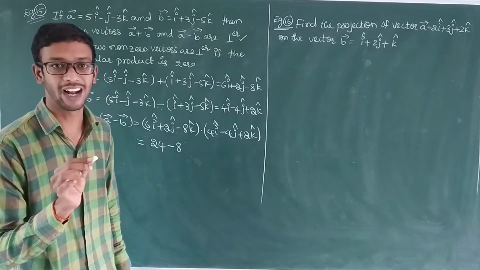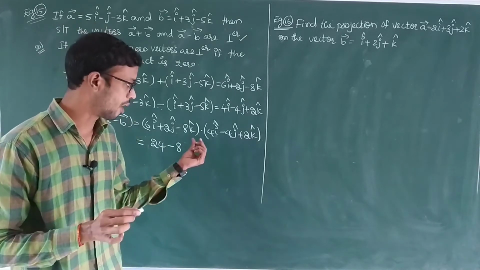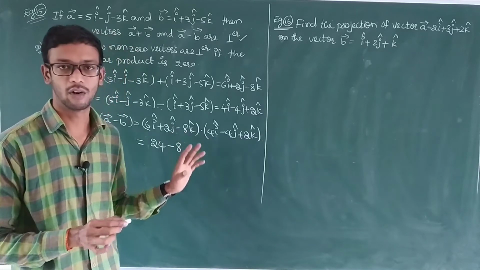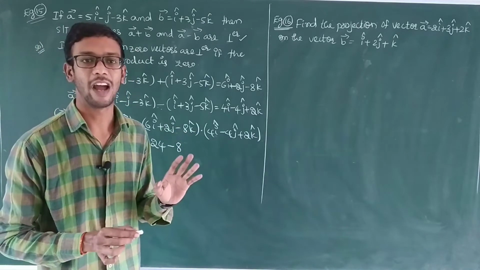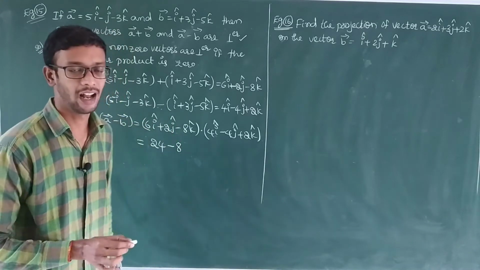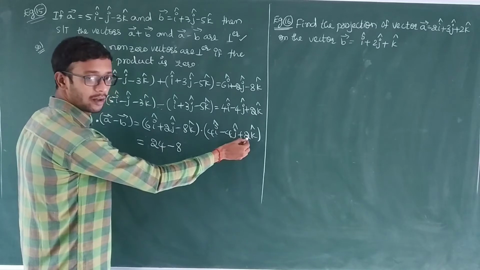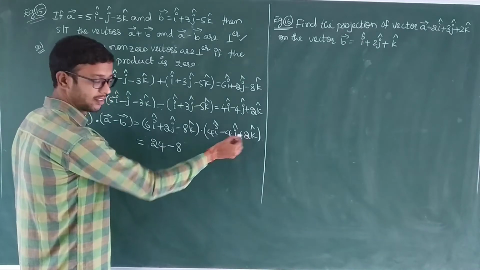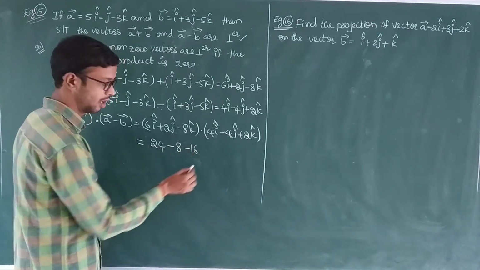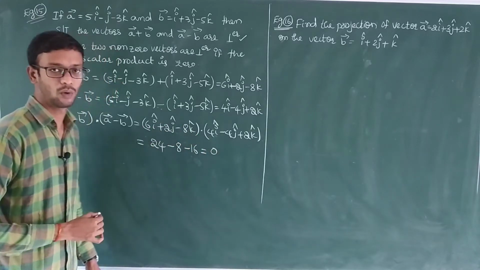Here no need to write I, J, K. Just product you have to make, and the result value is compulsorily a scalar, otherwise a real number. Minus 8 into 2 is minus 16. Total it will become 0.